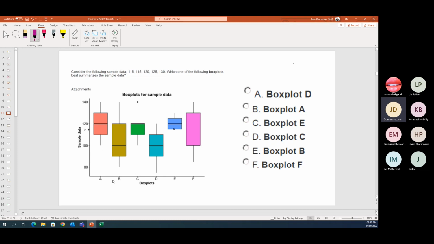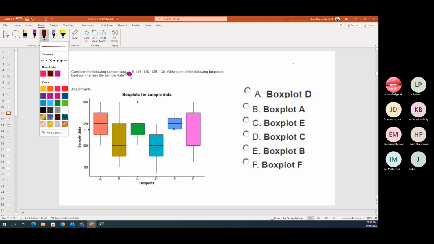Because it's very easy to make that mistake. Okay, so let's look at the data that they give us. So we've got only 5 points. That is our minimum, 115. That's our maximum, 150.